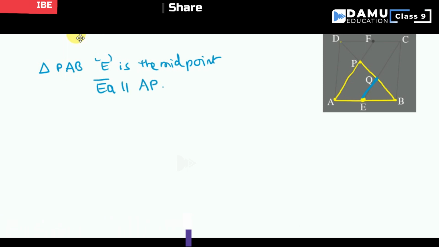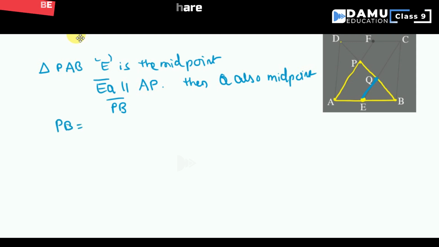Then Q is also the midpoint of PB. So PB will be equal to PQ plus QB, then PQ will be equal to QB.